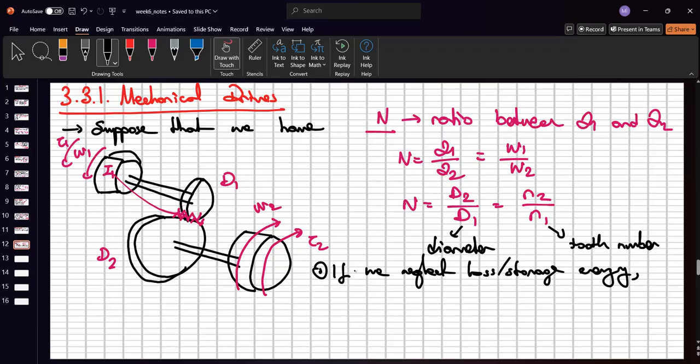We just transfer or store the energy in this one, okay? Only the potential one or the kinetic one is included here, not the spring factor or the damping factor. Just remember the previous lessons, Sarah, okay?